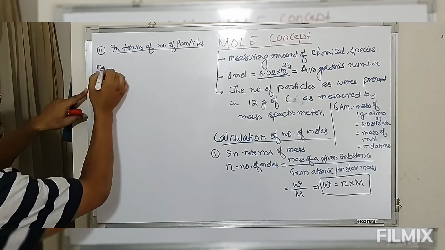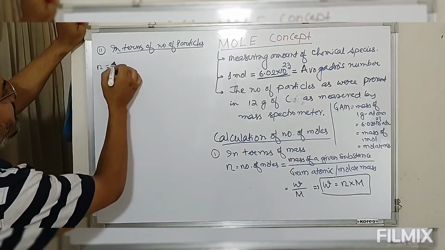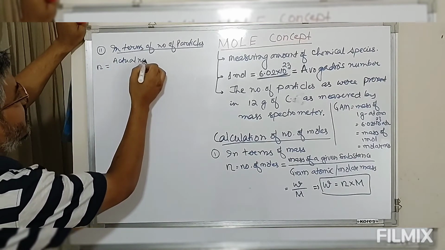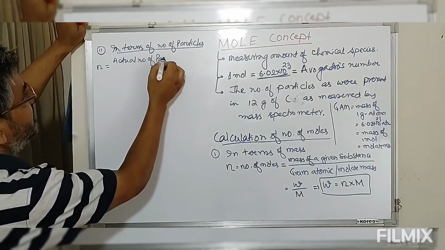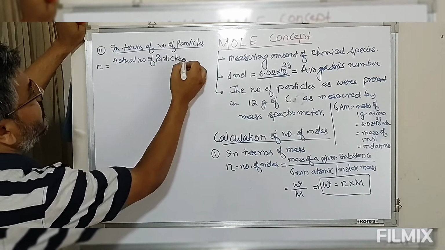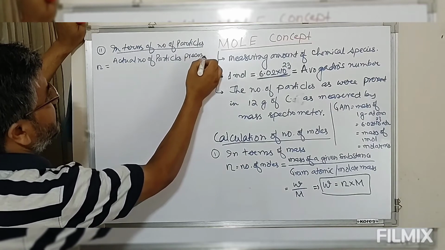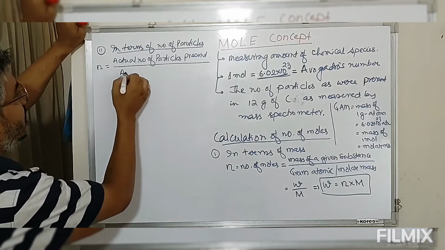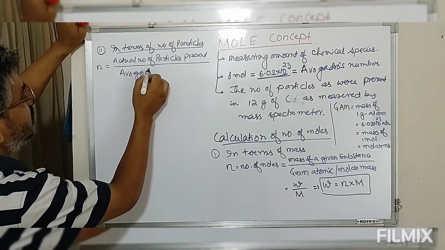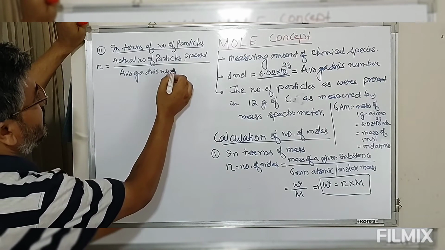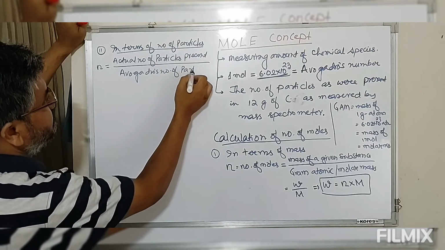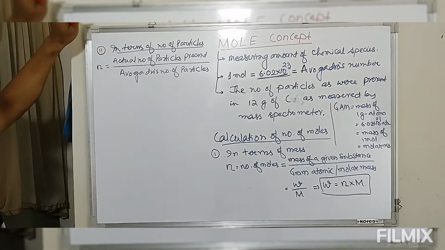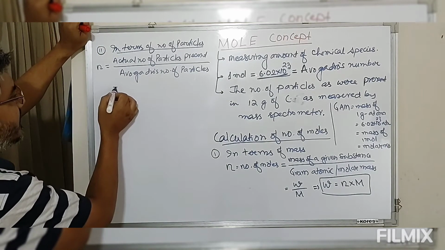So in terms of particles, number of moles is defined as the actual number of particles present in the sample divided by Avogadro number of particles. So number of particles present divided by Avogadro's number. This is also defined as number of moles.